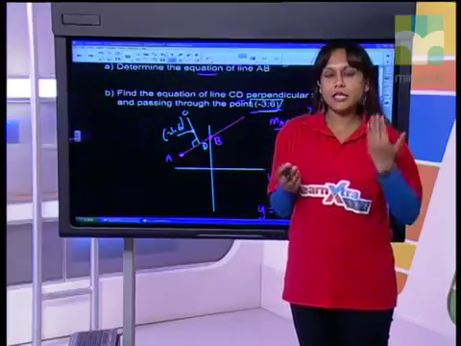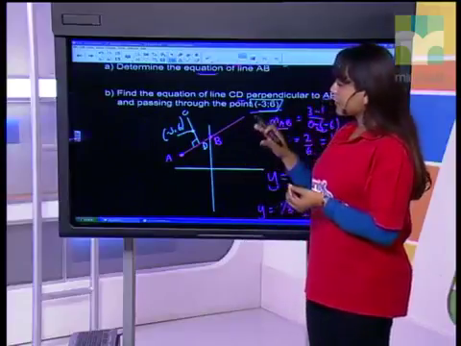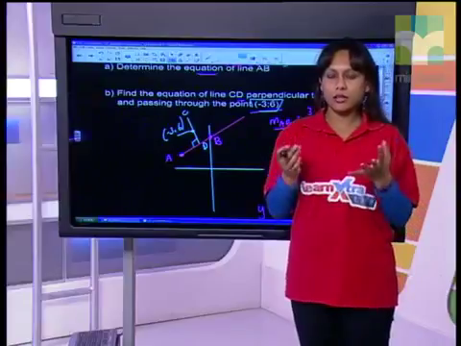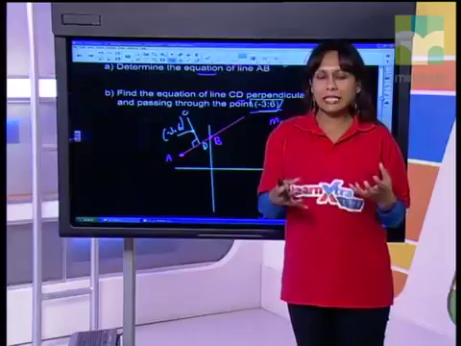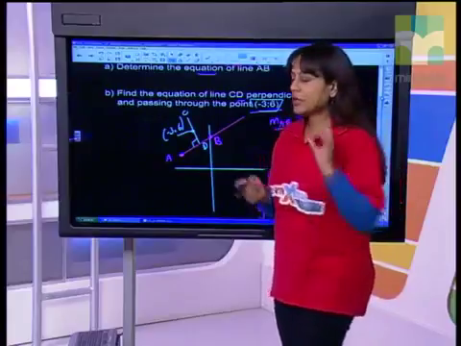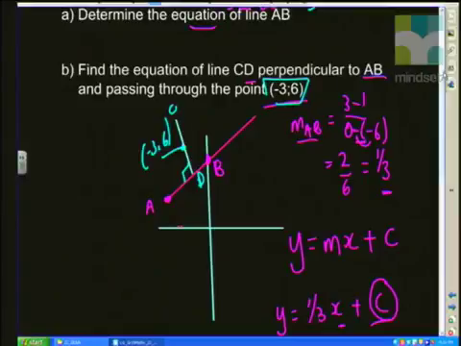Remember, we discussed this in the summary at the beginning of this lesson. In order to find the gradient of the perpendicular line, we take into account that the product of the gradients of perpendicular lines is minus 1. So we know the gradient of AB is a third.